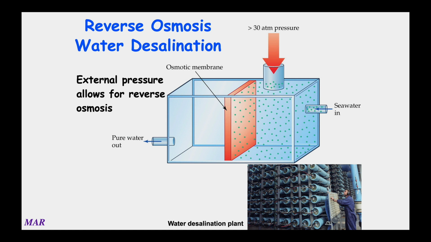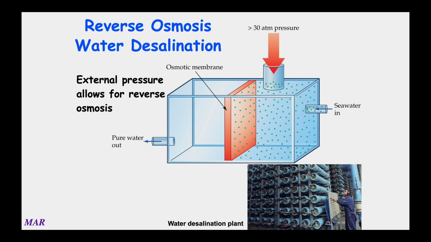So if you add something like 30 atmospheres or more of pressure to a saltwater system like seawater, the high pressures actually push the solvent molecules out of the solution. That's really against what normally happens, but it does work. With high pressure systems, you can get pure water out, and this will create pure drinkable water.